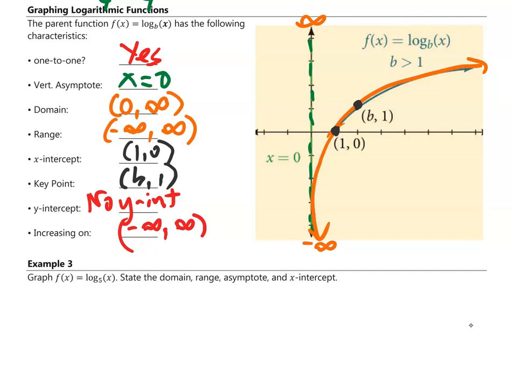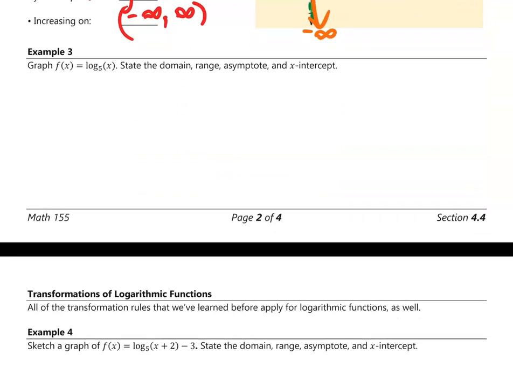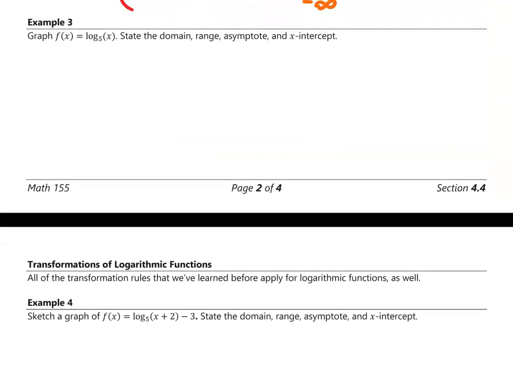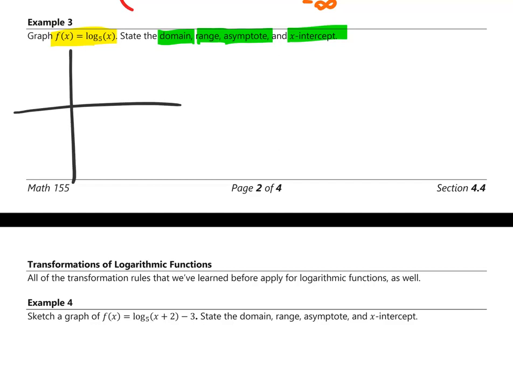Alright. Example number 3. Graph f of x equals log base 5 of x. State the domain, range, asymptote, and x-intercept. First, graph this.